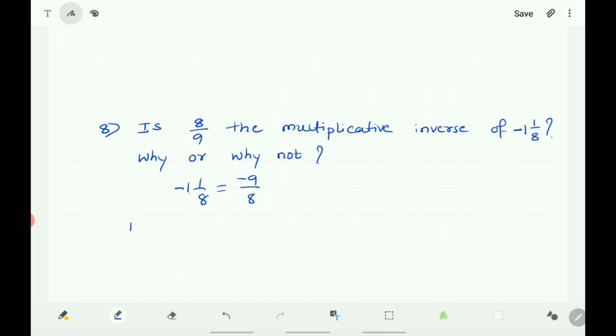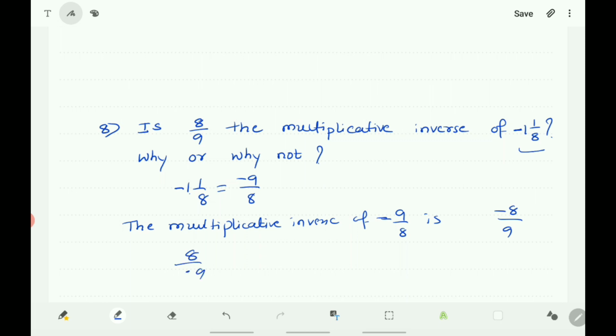And the multiplicative inverse of minus 9 by 8 is, you know, minus 8 by 9 or 8 by minus 9.